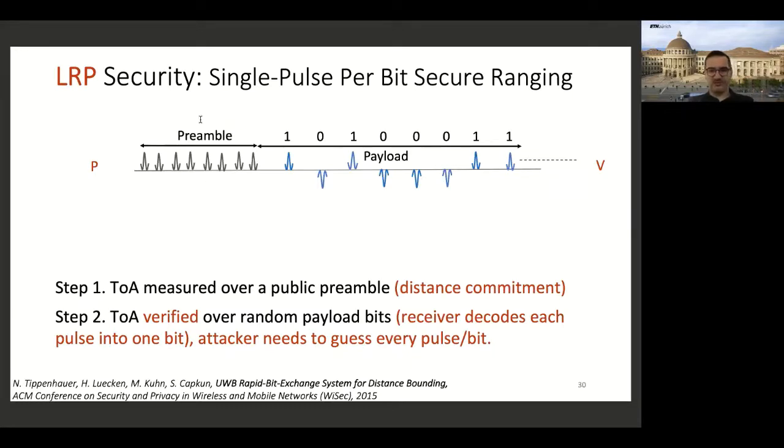We have a preamble here, which is a series of pulses known to the adversary and to the legitimate parties, and then there is a random payload which is known only to the legitimate parties.